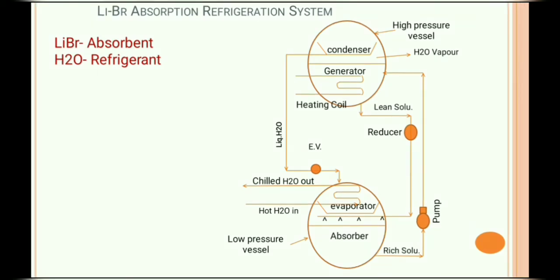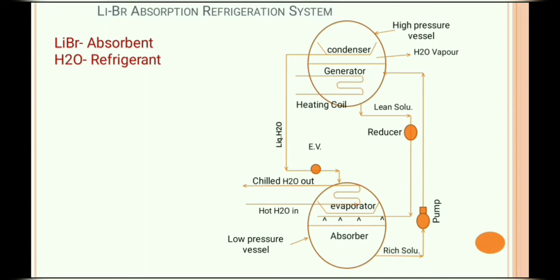We all know the lean solution which is coming out from the generator and going to the absorber, the temperature of that lean solution should be as minimum as possible. If it is minimum, then the performance of the system will be higher. Okay.